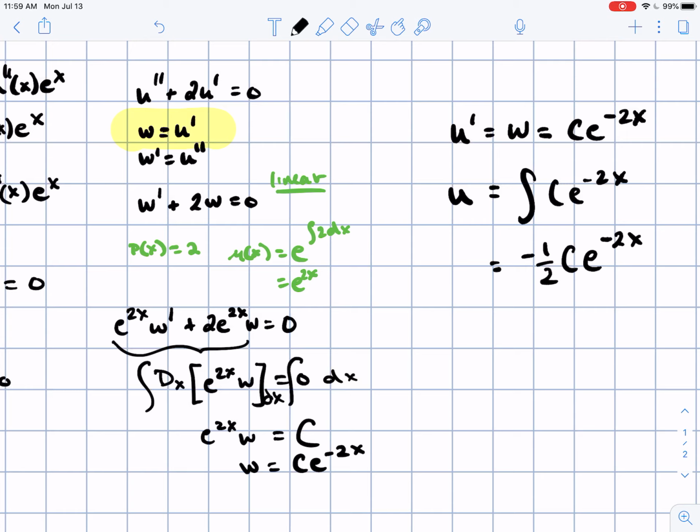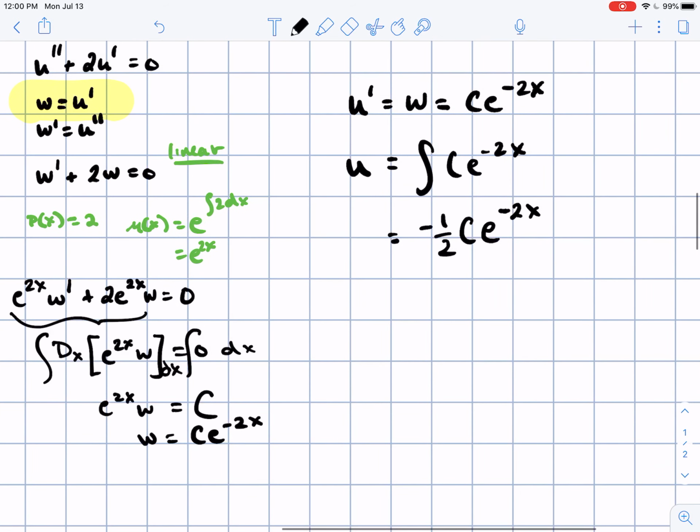Oh, I forgot my plus c. So let's call that C1 and let's call that C2. All right. And now just to remember where we went from, this is a long process, but if you go back to where we started, we had this notation: y is going to be u of x times e to the x. So if we know u, let's use it.